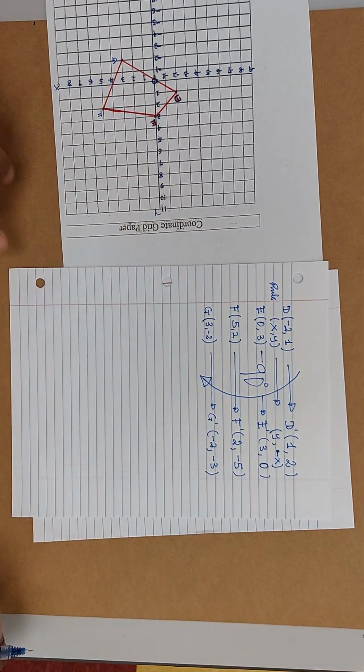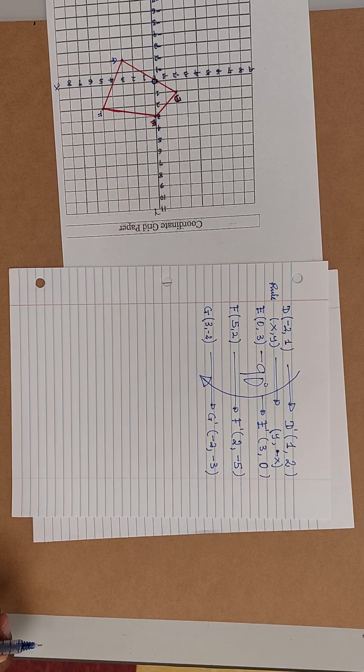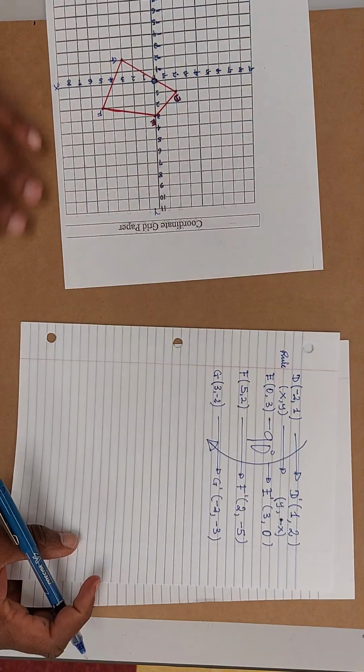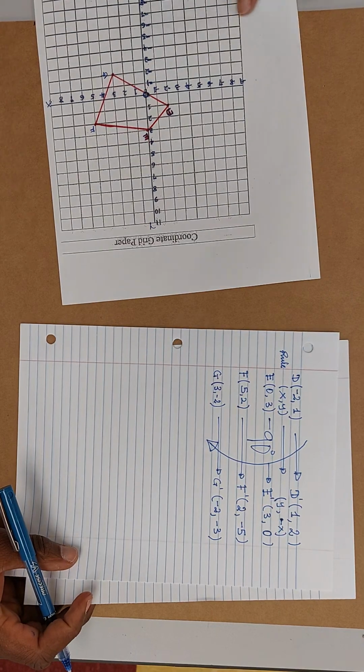Okay, so we can use that rule to determine the coordinates of a point when we do a rotation. If you don't want to use the rule, remember the coordinate grid is there.